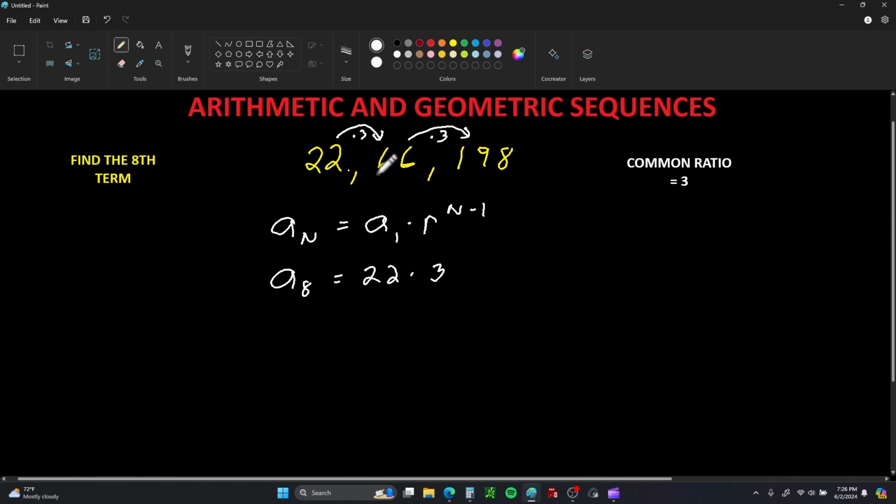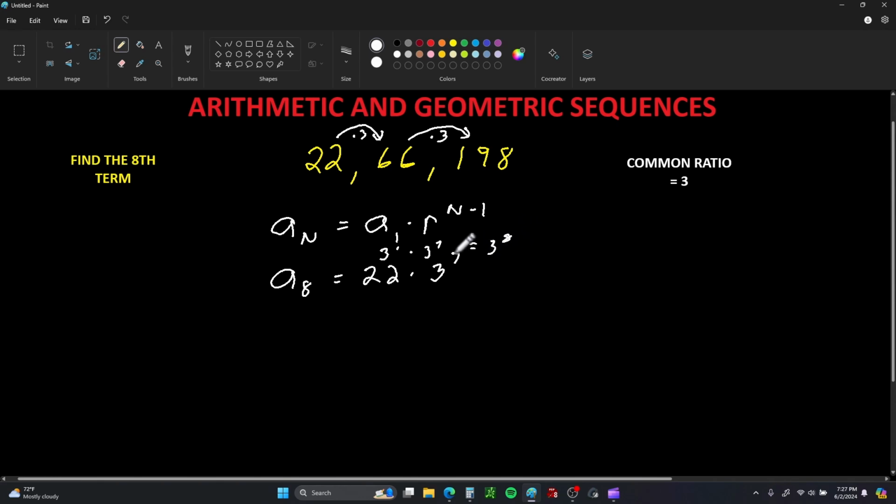So the reason that I want to do 8 minus 1 here and raise this to 7 is that this first term had a prior term also, and this first term was had by multiplying by 3. So this is 3 to the first power times 3 to the 7th power, which gives us the repeated multiplication to get us to the 3 to the 8th power.